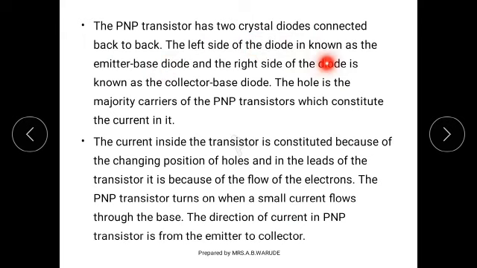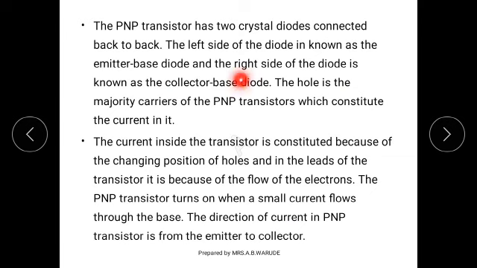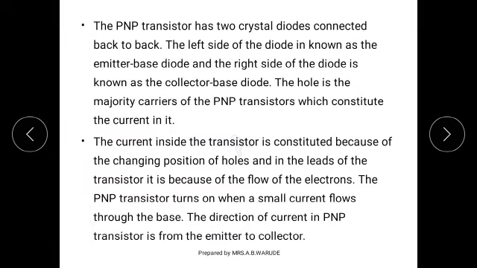The left side of the diode is known as the emitter base diode. Here this is the emitter base diode. And the right side of the diode is known as the collector base diode. This is the collector base diode.